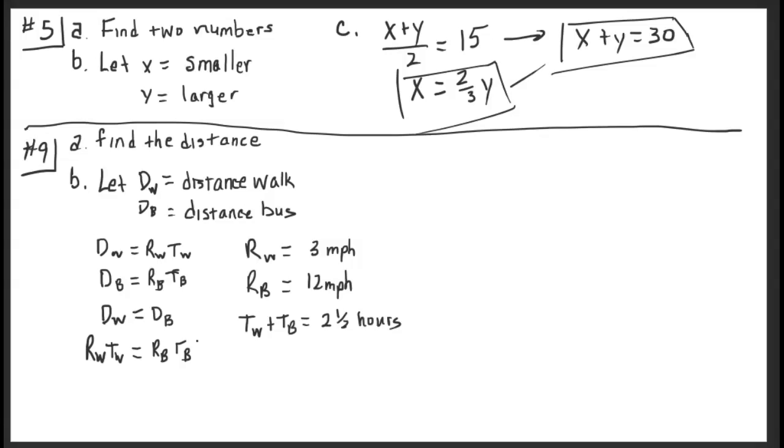But I also realized that the distance walked in this scenario is going to have to equal the distance bus, because he's going to start from home, walk a certain distance, get on the bus, and go back home. So the distance he walks away from home is going to equal the distance he buses back to home. That means the rate walked times the time walked has to equal the rate bus times the time bus. Okay? This particular distance problem is a distance 1 equals distance 2.